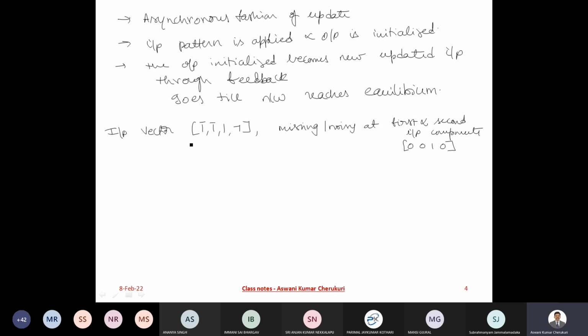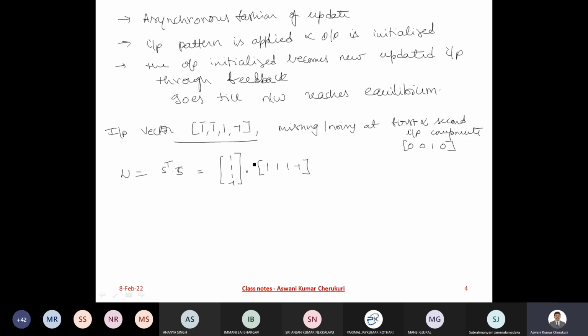Now, first let us take the initial vector, the input vector, and see what the weight matrix would be. The weight matrix of the Hopfield network memory is obviously your typical auto association, where you associate S transpose T. In this case, S transpose S. So 1, 1, 1, minus 1 into 1, 1, 1, minus 1.